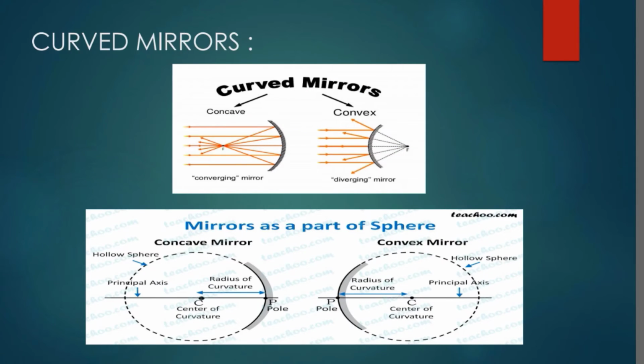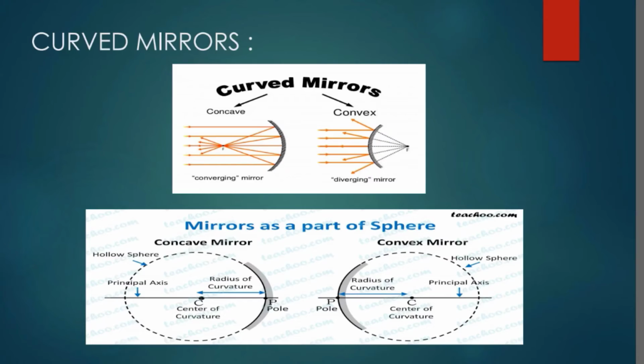Curved mirrors. Curved mirrors are of two types, concave and convex, as I said earlier. Let's take mirrors as part of a sphere. Here the concave and convex mirrors are a small part taken from a curved spherical mirror. I hope you understand the point.